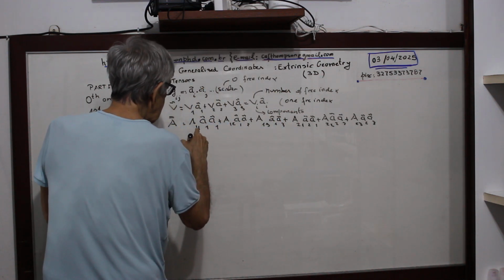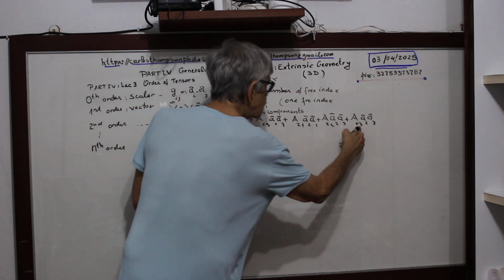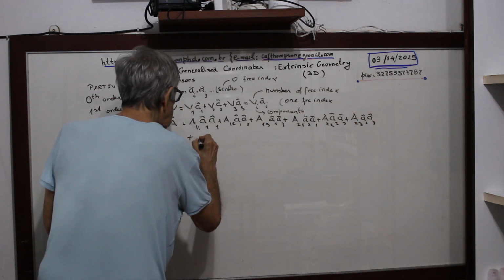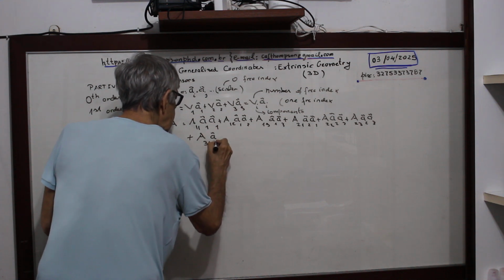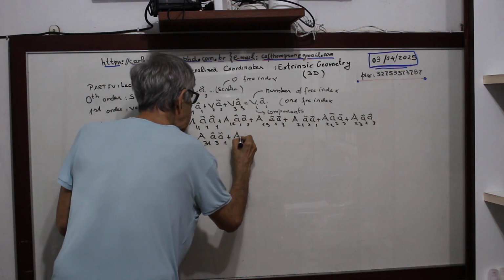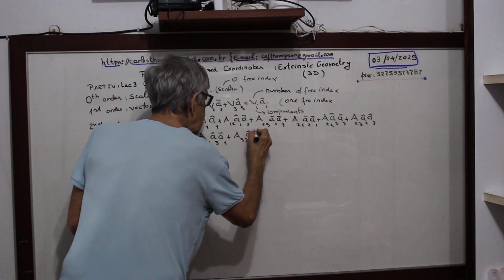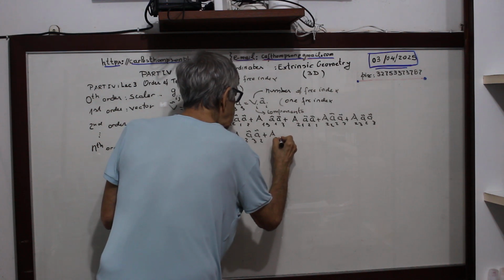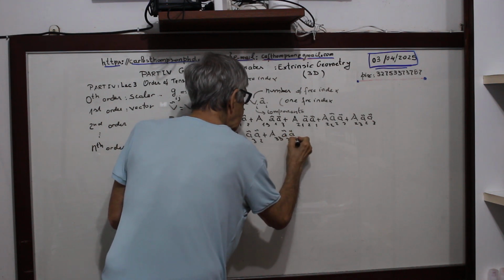plus, now see, 1, 1, 1. Now, 2, 2, and 2. Now let's write, begin with 3. A31 A3 A1 plus A32 A3 A2 plus A33 A3 A3.